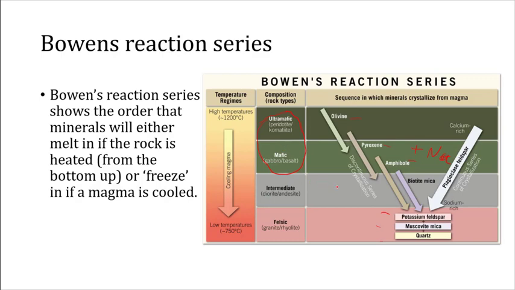Down here in the middle of Bowen's reaction series, we've got some amphiboles, some biotite mica, and some plagioclase feldspar. These tend to make rocks or magmas that are a little more intermediate in composition. And then down here at the end, you get rocks that are more felsic in composition.